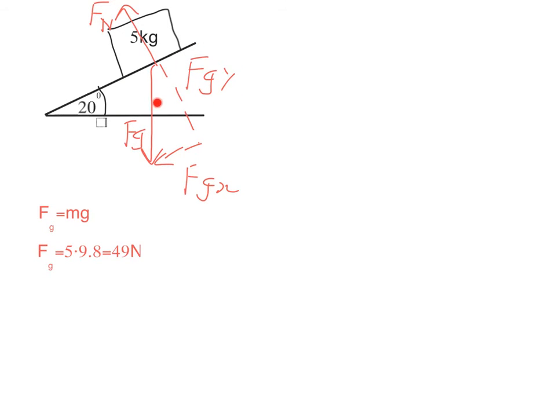Remember that this angle in here is 20 degrees, and this angle of 20 degrees is the adjacent side to this. So if I remember that the cos of the angle is equal to, in this case, the adjacent divided by the hypotenuse.